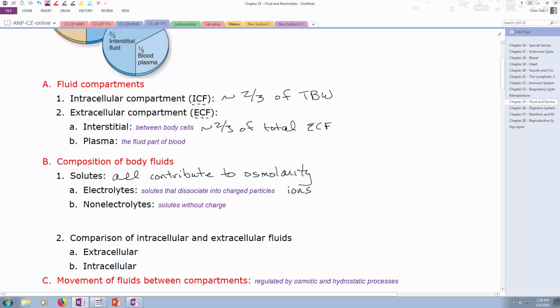The non-electrolytes, or those solutes without a charge, those are going to be our organics. So our organic molecules that do not dissociate.